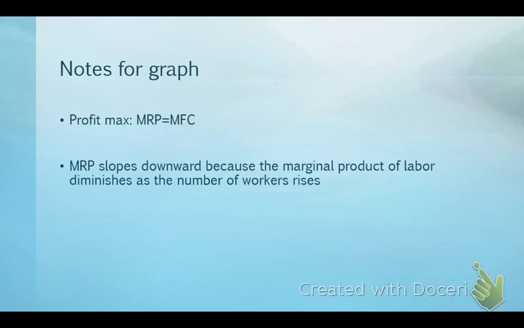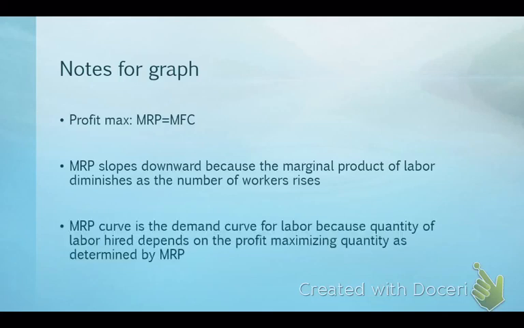Okay, I have it? Okay. The MRP curve is the demand curve for labor because the quantity of labor hired depends on the profit maximizing quantity as determined by MRP. MFC is straight across, right? So it's not going to be the thing that determines labor. The MRP is changing as quantity of labor hired increases, right? So where it crosses MFC determines how much labor we hire.